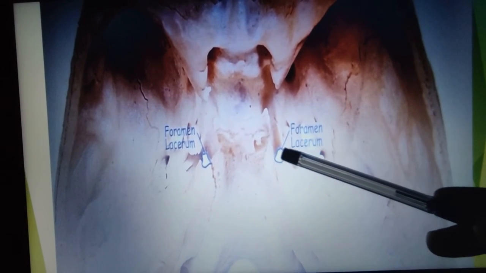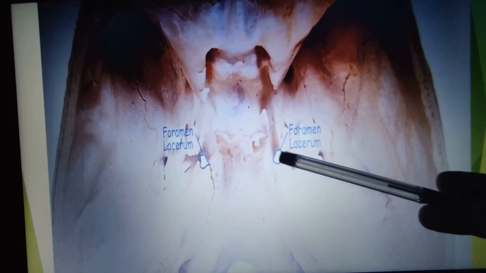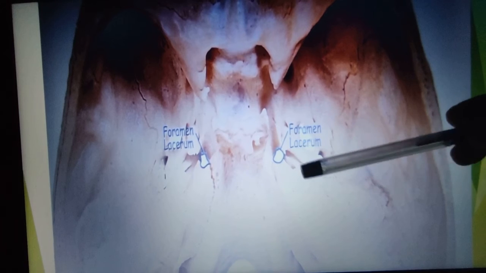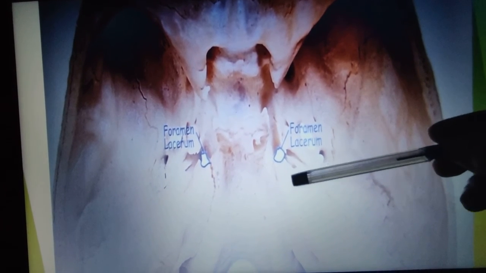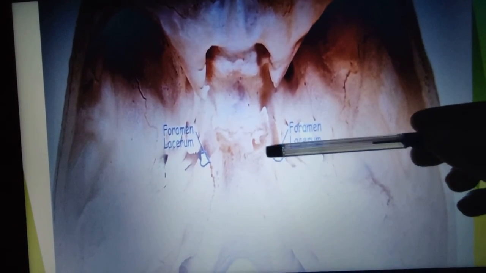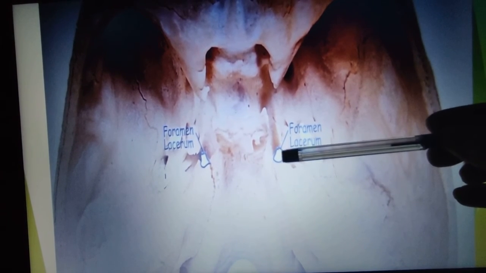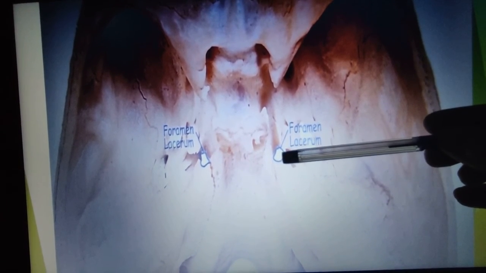Next, the irregular foramen known as the foramen lacerum is situated between the body of the sphenoid and the apex of the petrous part of the temporal bone. It transmits the meningeal branch of the ascending pharyngeal artery and emissary vein.